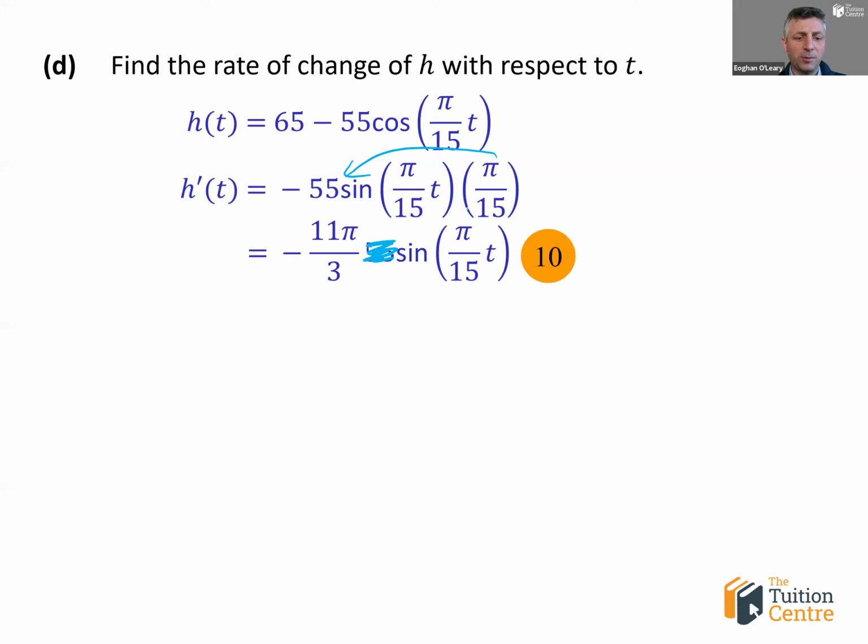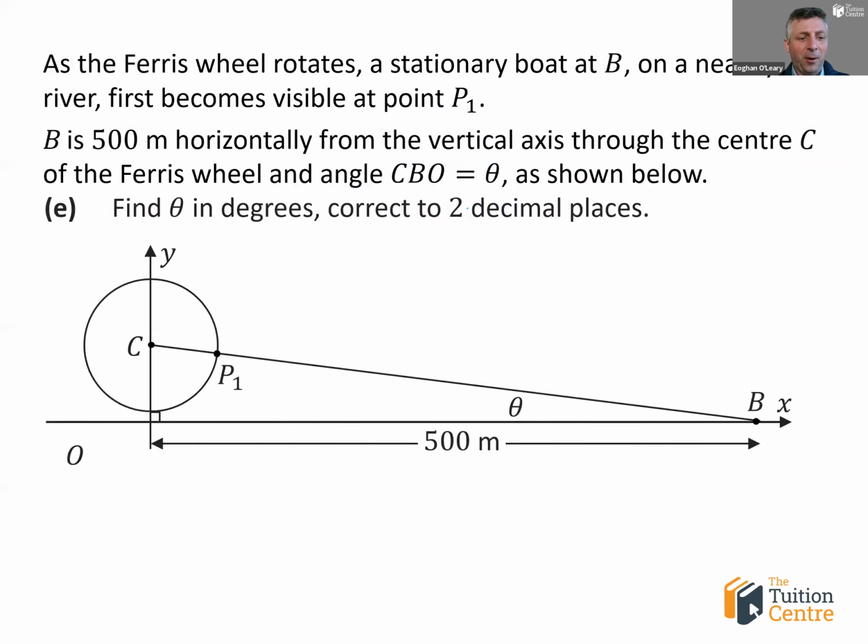So we're not far away now. But we can see the next part here, part E and part F, are going to be a different kind of context, a different part of the question. It says, as the Ferris wheel rotates, a stationary boat at B on a nearby river becomes visible at point P1.